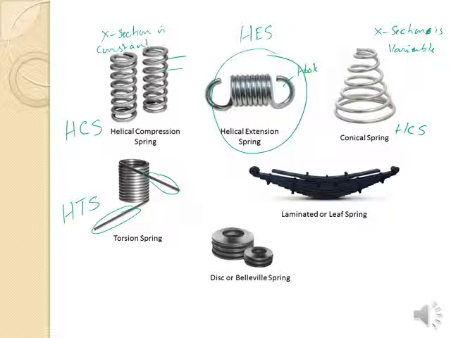This is a leaf spring, and you can see over here there are steps, one over another, placed in a certain fashion to make a leaf spring. And this is a disc, a bilevel.